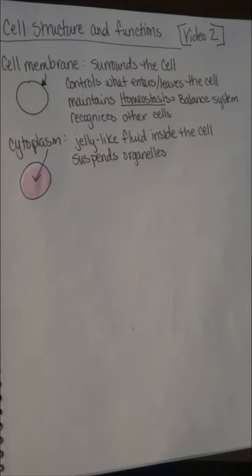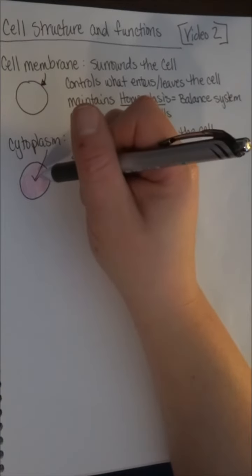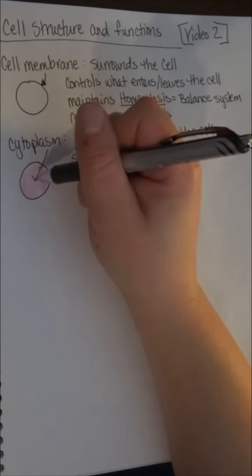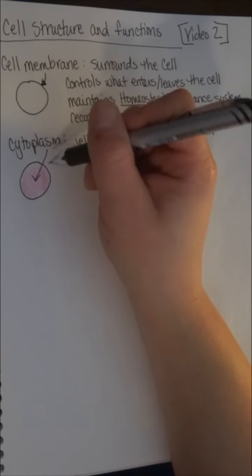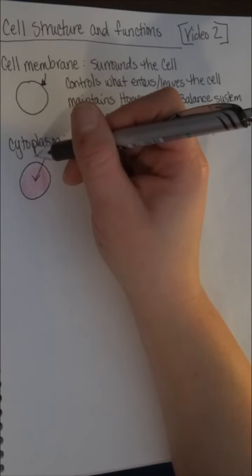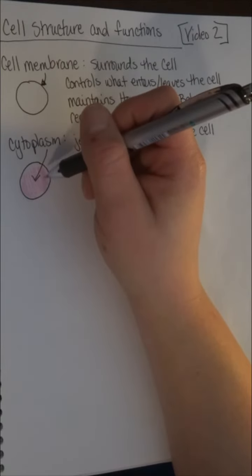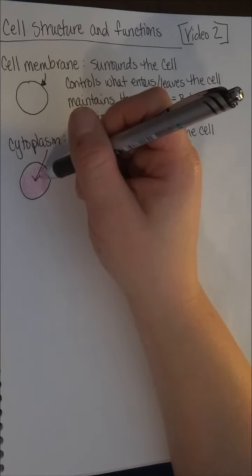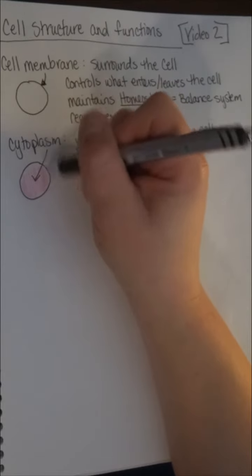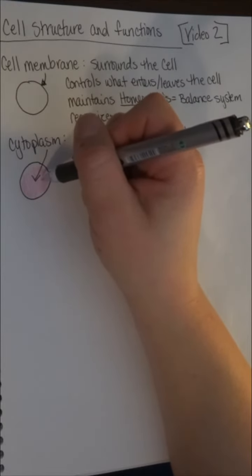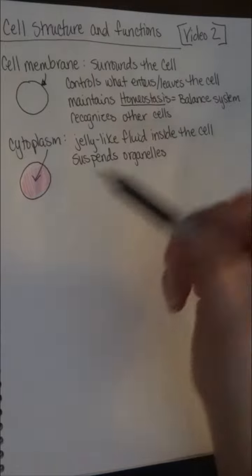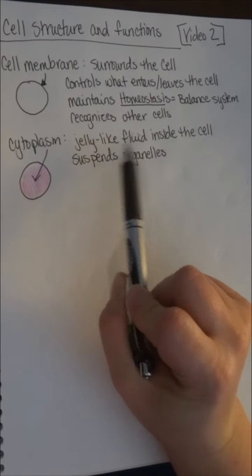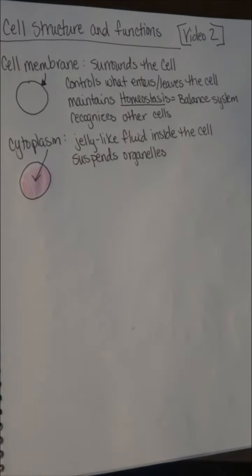It's not going to go anywhere. The only way that it would come out of the cell is if our cell goes through a lytic cycle from being infected by a virus. That lytic cycle is going to kill our cell and burst it open. We haven't gotten to that part yet, but we will eventually. So this cytoplasm is this jelly-like fluid inside the cell that suspends our organelles.